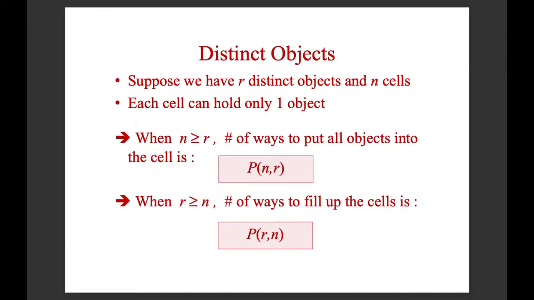Then we have n-2 choices for the third one, and so on. So the number of ways of putting all the balls into the boxes will be n times n-1 times n-2, where there are r terms multiplied together. So this is exactly P(N,R). Is that okay?